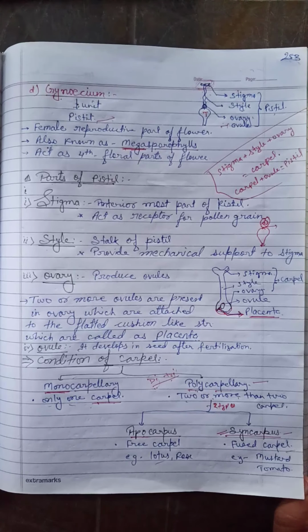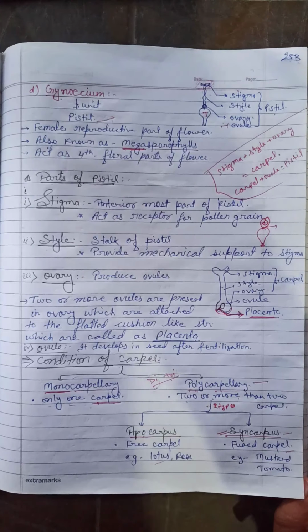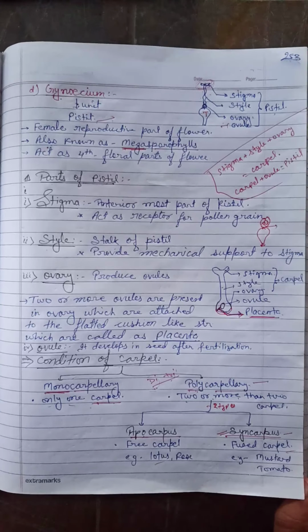If you do not study this chapter, it may be possible you will not understand pollination and fertilization in the upcoming videos. So write each and every point in your notebook, and here your chapter, the flower, is completed now.